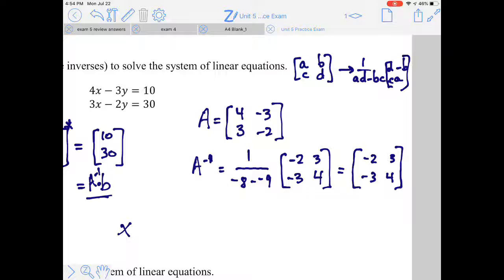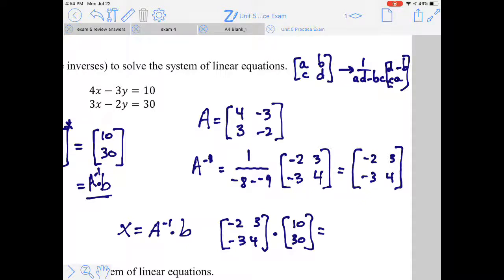So x equals A inverse times B. So A inverse times B. This entry is row 1, column 1, so that's going to be negative 20 plus 90.